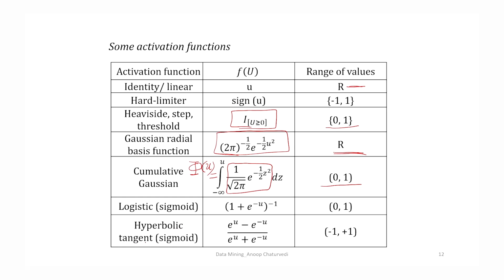Hyperbolic tangent. Hyperbolic tangent or sigmoid activation function is defined in this form: e to the power u minus e to the power minus u upon e to the power u plus e to the power minus u, and its range is from -1 to +1.